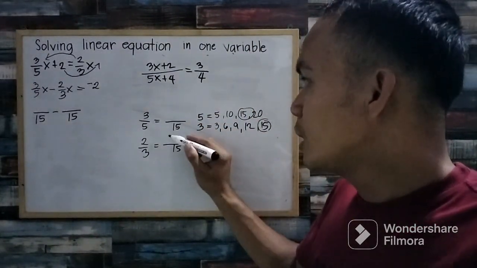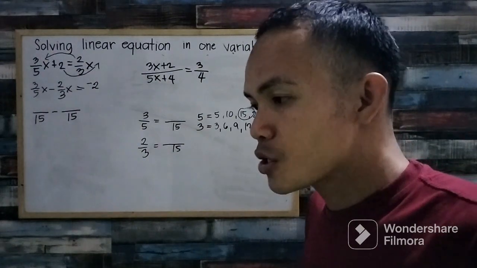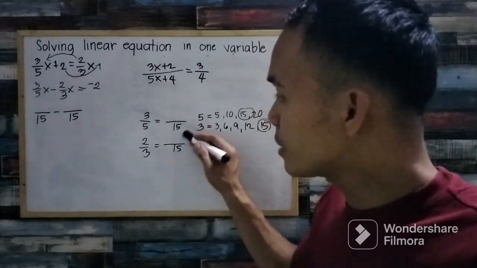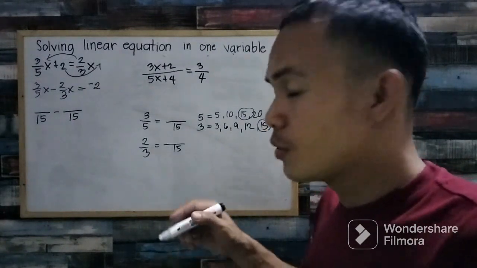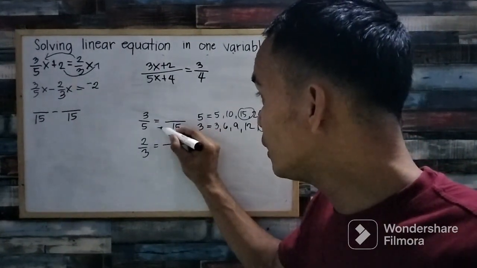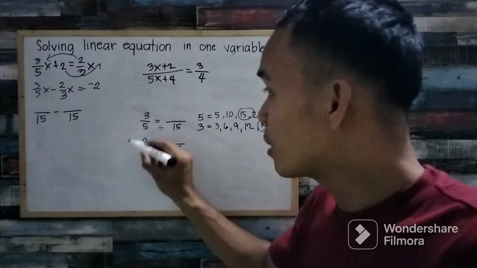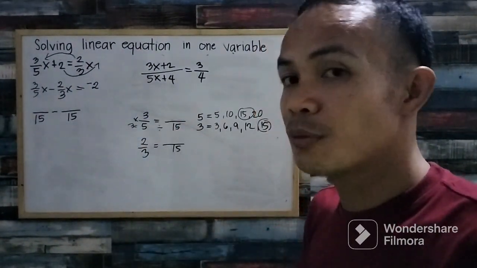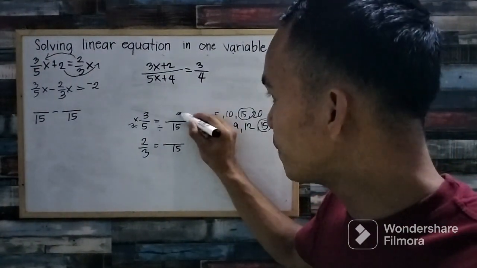To change into similar fractions, you divide the LCD by the original denominator. We have 15 divided by 5, that is 3, and multiply that to the numerator. 3 times 3, that is 9.